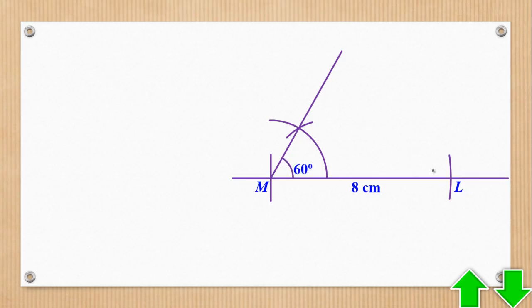Then they also want an angle of 45 degrees at L. So there we shall need to first construct an angle of 90. So put the compass needle there, draw an arc of any radius. Then maintain the same radius, put the needle there, draw that arc, remove the needle, put it there, draw an arc of the same radius. Note that this is a little longer. Why? Because we want to look for 90. So remove the needle there and put it here and draw an arc of the same radius. Then join L through the intersection.